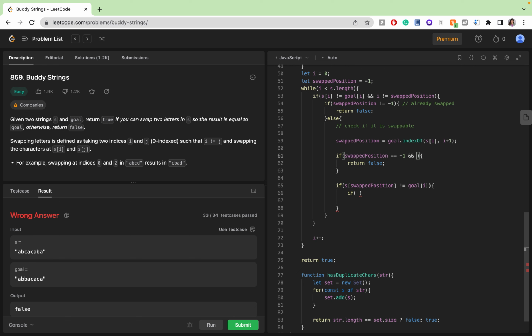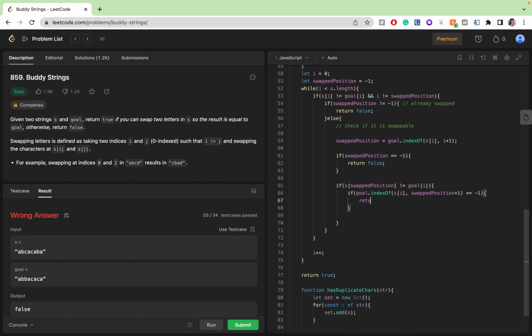Oh my god, what am I doing? That's so funny. If it is equal to -1, then return false. Otherwise, keep on doing that.